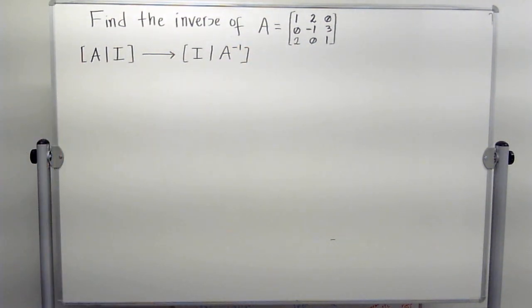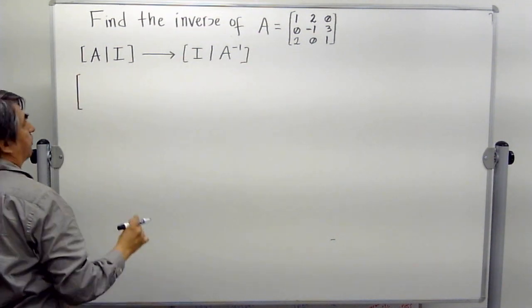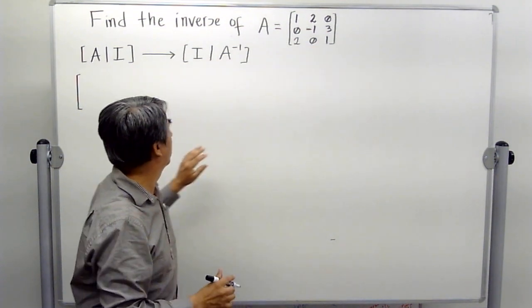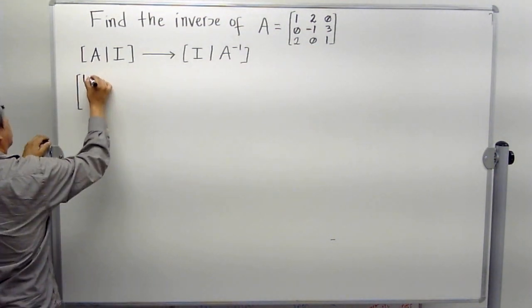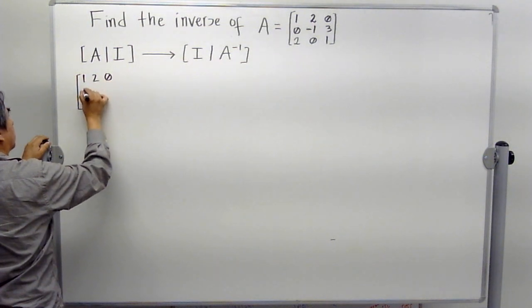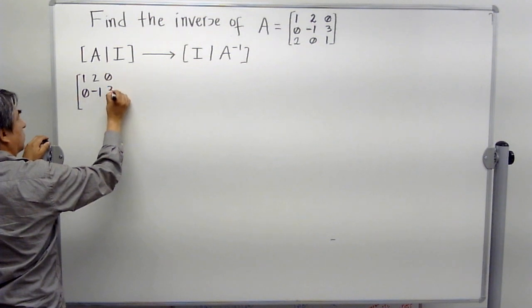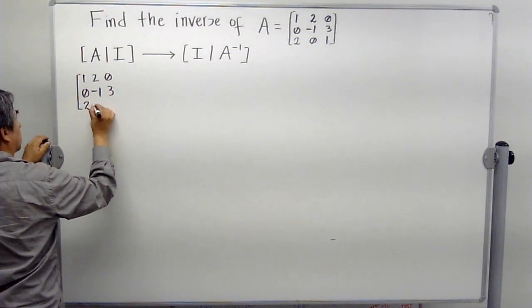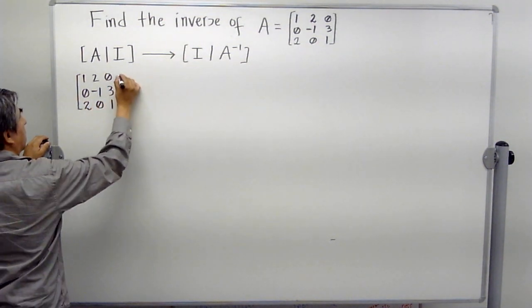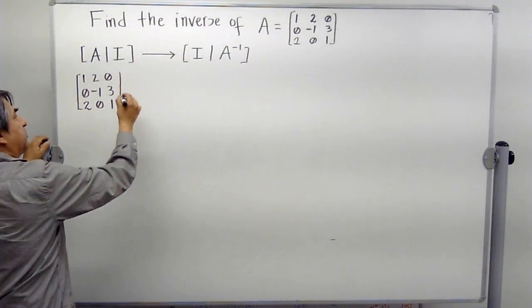So let's begin. We copy matrix A. We write the 3 by 3 identity matrix.